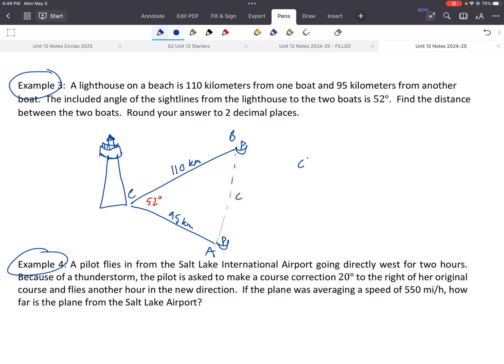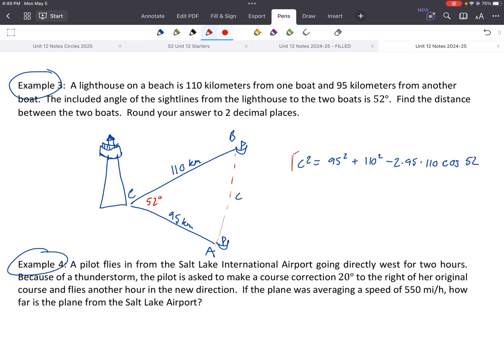So we'll do c squared equals the 2 sides that are next to that angle, the included angle. So we'll do 95 squared plus 110 squared, subtract 2 times 95 times 110, and then cosine of 52.